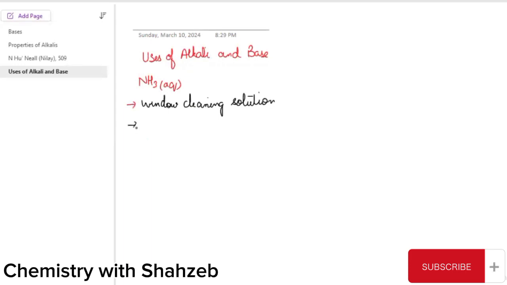And the other use is in the manufacturing of fertilizer. Then we have calcium oxide, which is basically used in neutralizing acidic soil.